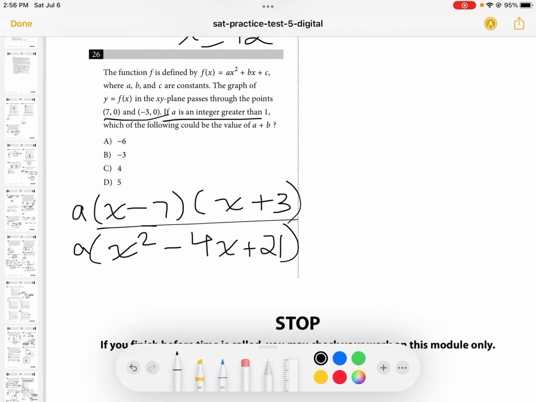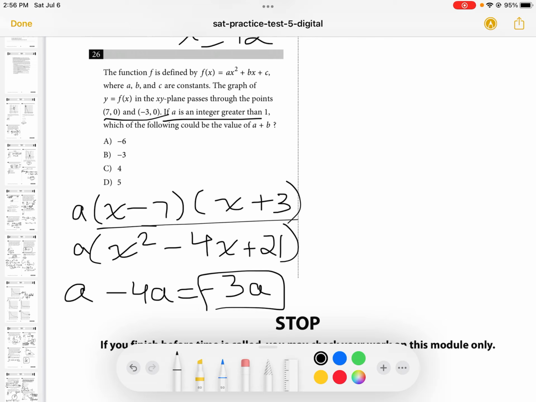And when we're given that a is an integer greater than 1, and we want to know the value of the coefficients a and b. So the coefficient of the ax squared term is just a. The coefficient of the bx term is negative 4a when we multiply everything out. So we have negative 3a as the sum of the two coefficients.